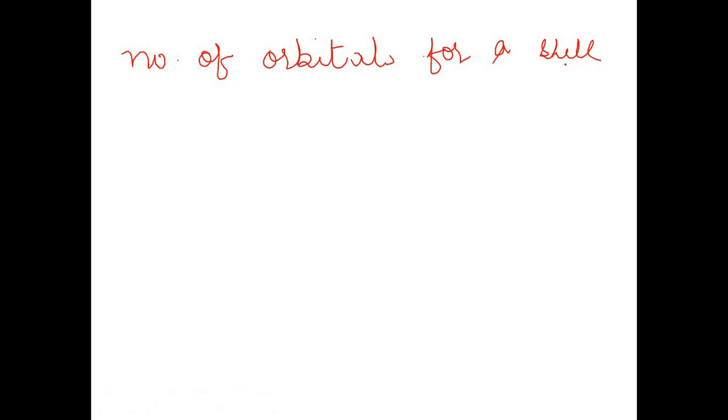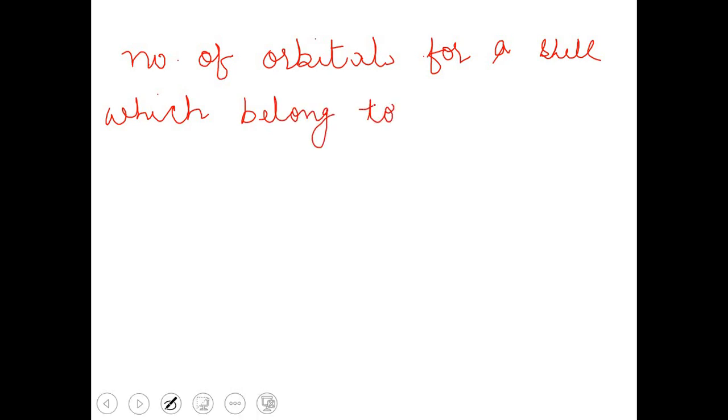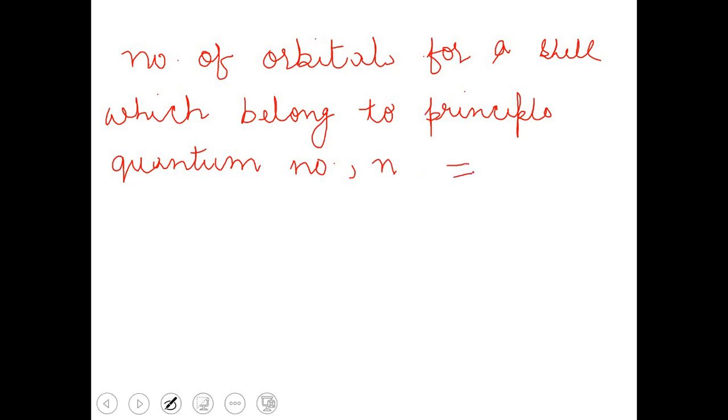Children, already in my previous videos, I have explained to you that the number of orbitals for a shell which belongs to principal quantum number n is equal to n square.